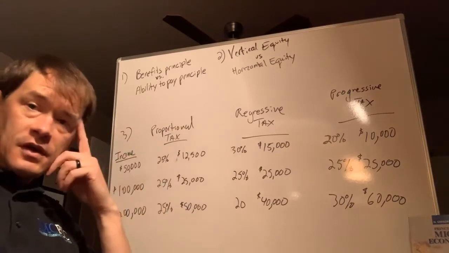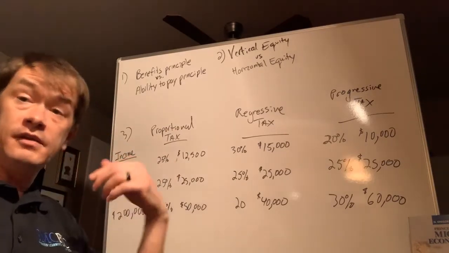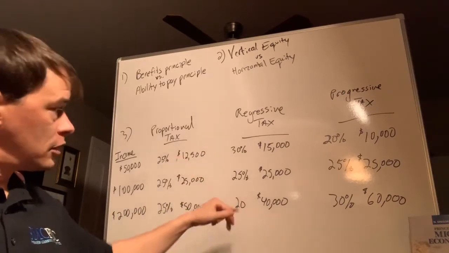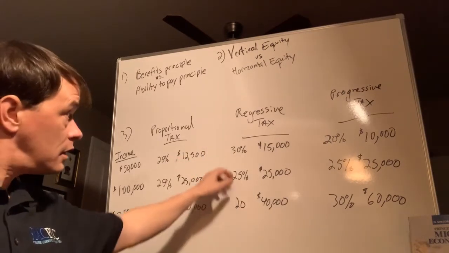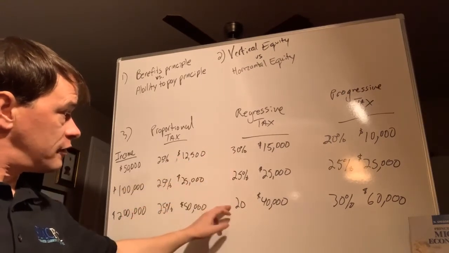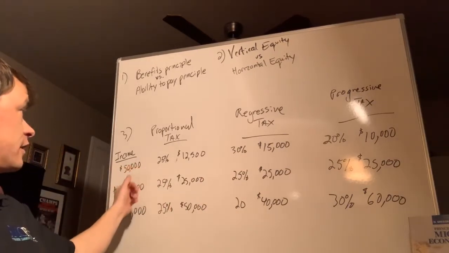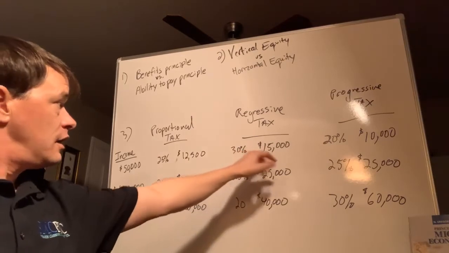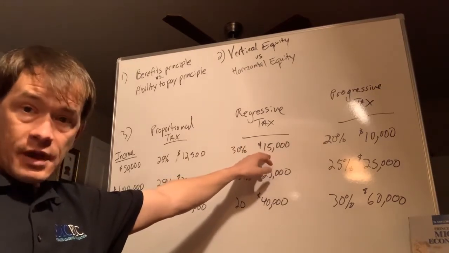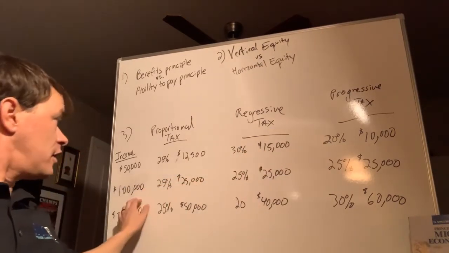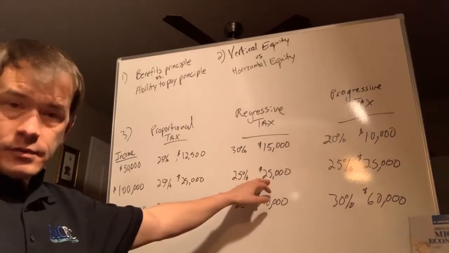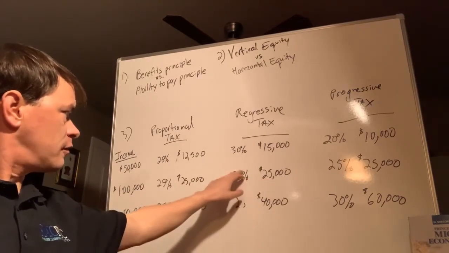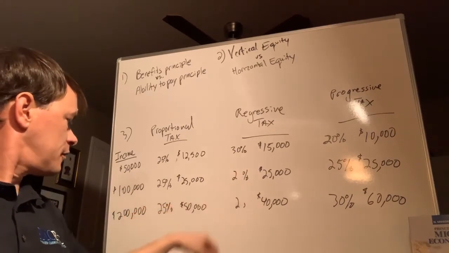Regressive tax. This is a bugaboo. Regressivity in taxes is not a good thing. Okay? Regressive tax means people who earn more pay less. So 30%, 25%, 20%. Again, the incomes are 50,000, 100,000, 200,000. So the 50,000 person's paying 30%. They're paying 15,000. 25% of 100,000, they're paying 25,000. 20%, excuse me, that's supposed to be 20,000 for the 200,000 earner.